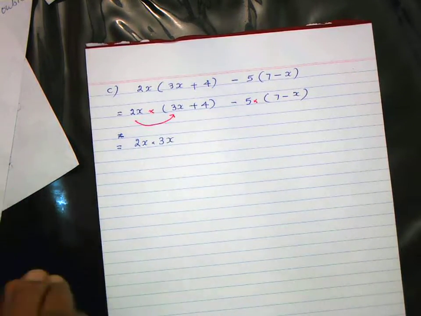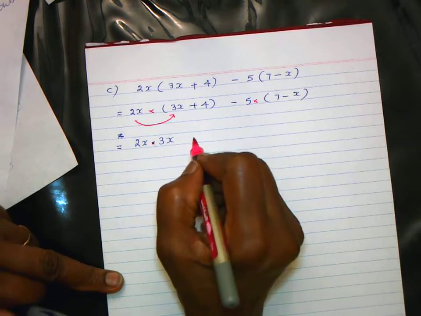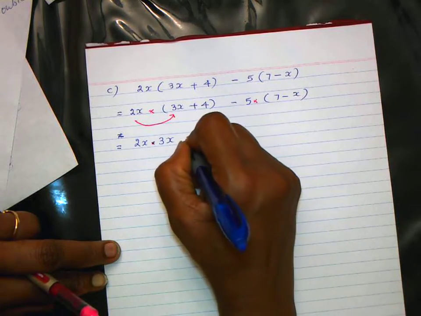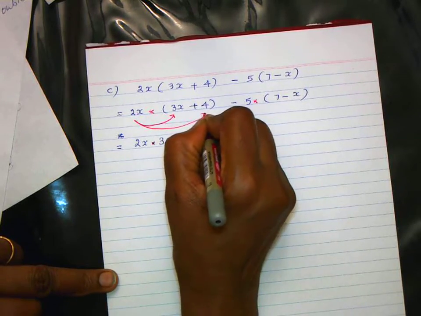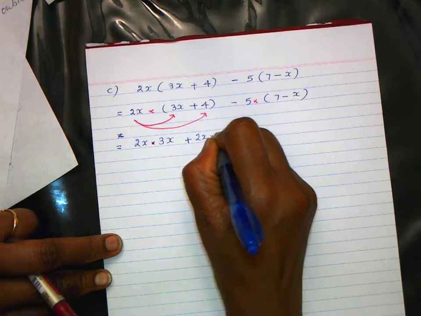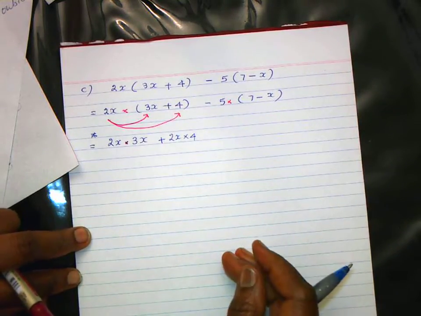Remember to put the times sign small, otherwise you get confused with x and times. And then always bring the same sign, which is plus here. Then you do 2x times 4.